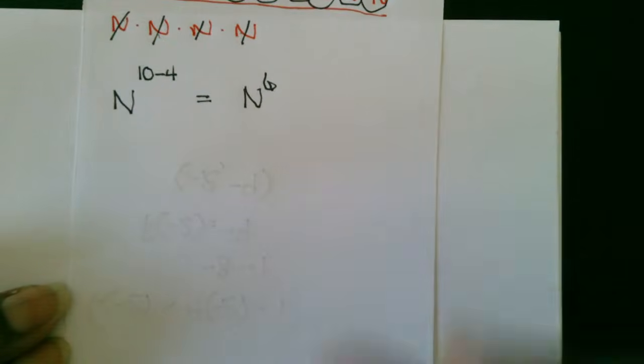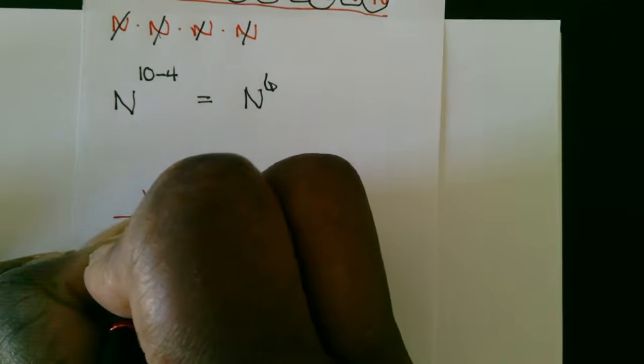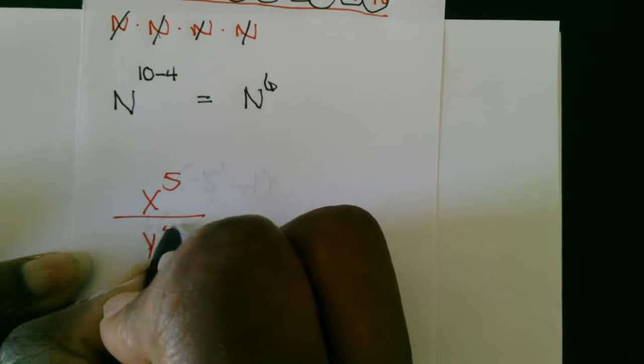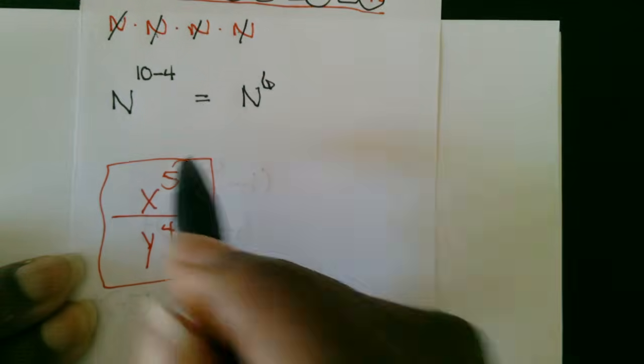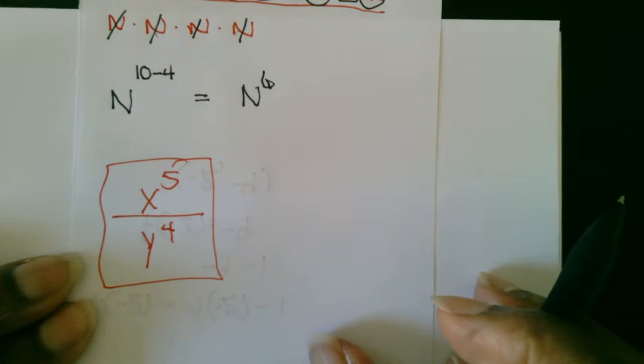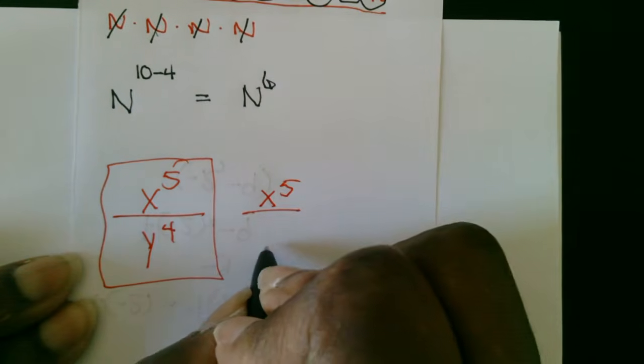Someone asked, when we did the exponent problems, what happens if we had two different bases? You can't combine them. You can only combine if they have the same base.